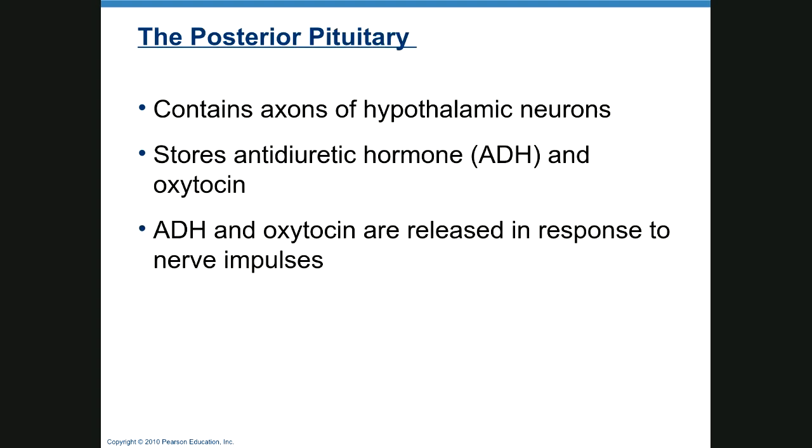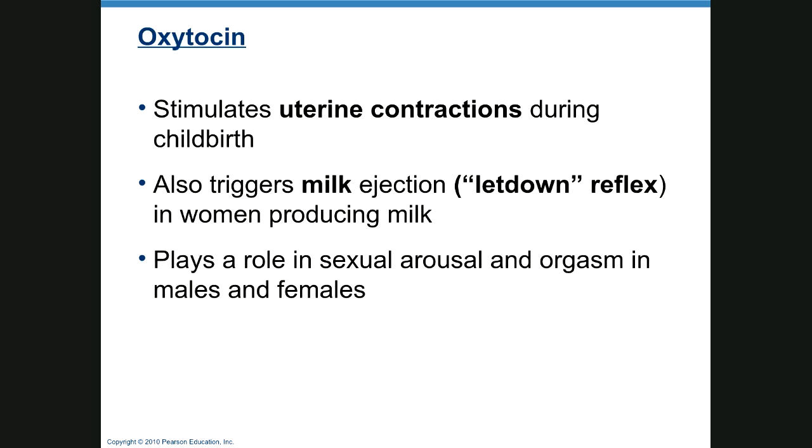The posterior pituitary, again, axons of hypothalamic neurons, so from the hypothalamus, it simply stores anti-diuretic hormone and oxytocin, and these are going to be released in response to nerve impulses. Oxytocin stimulates uterine contractions, and this is actually a positive feedback loop.